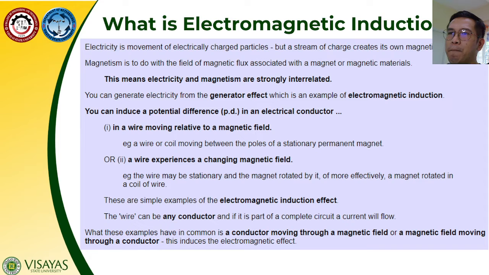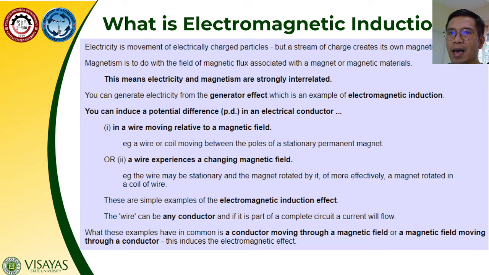Another way to define electromagnetic induction is by differentiating electricity and magnetism. Electricity basically is a movement of electrically charged particles, and a stream of charge creates its own magnetic field.